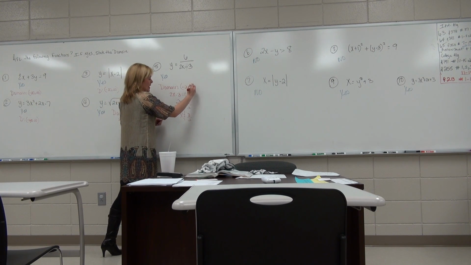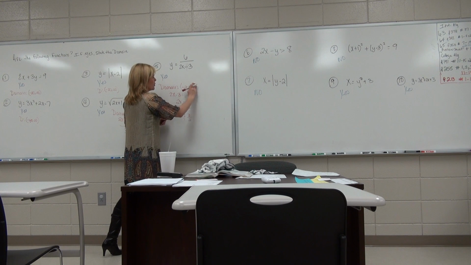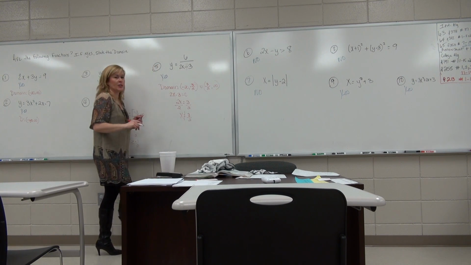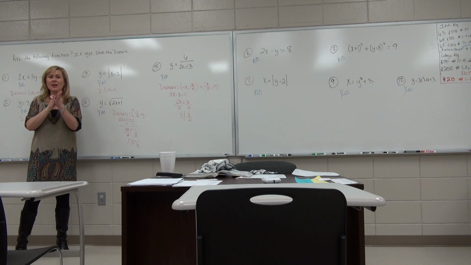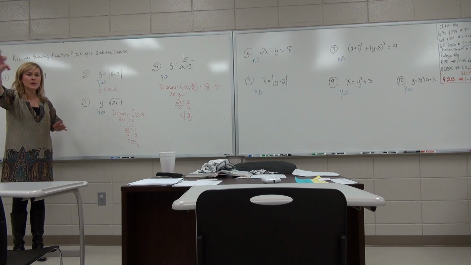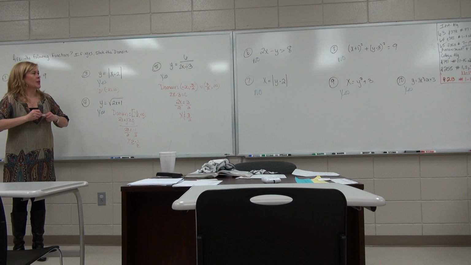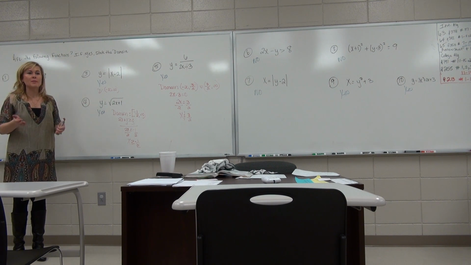So my domain is from -infinity to 3/2, parentheses, union, 3/2 to infinity. You just split up the all real numbers at the number that made it 0, because you're throwing it out. So that's just the denominator? Yes, it's only the denominator. You're only worried about what would cause you to divide by 0.